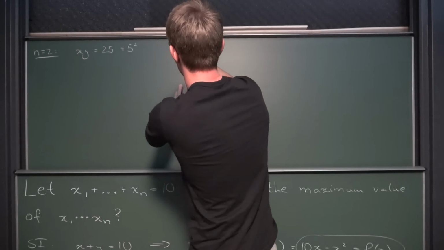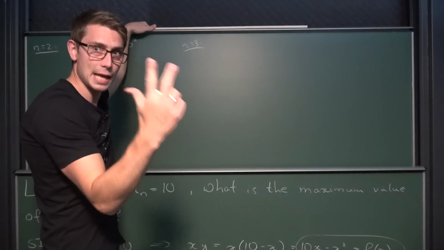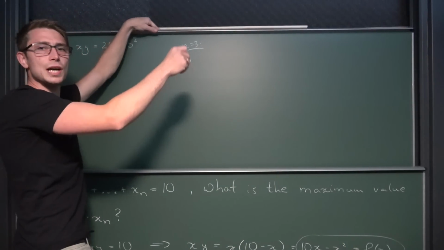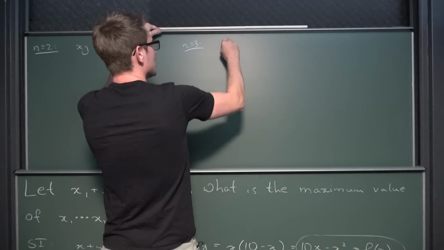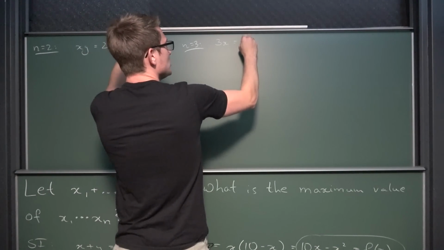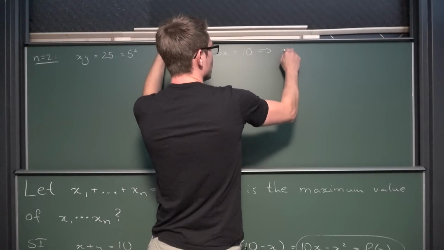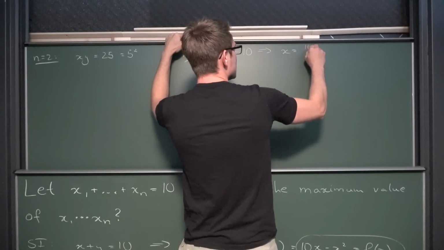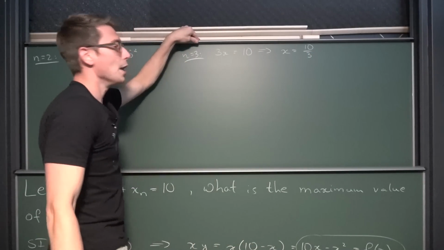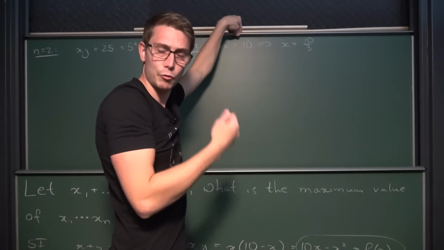Now what about n being equal to 3? Now think about it. We have 3 samples now and all of those are equal. So we are going to get x plus x plus x, so 3x is equal to 10. Now dividing both sides by 3 gives us that the value for x is equal to 10 divided by 3. Now we have 3 samples, meaning we are going to multiply our 3 samples together.